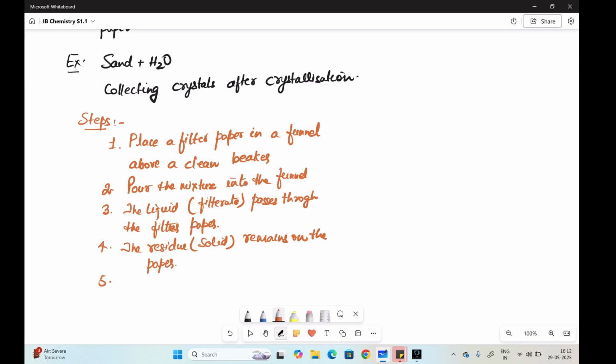And this works because particles are of different sizes, so they are getting held up in the filter paper, right?